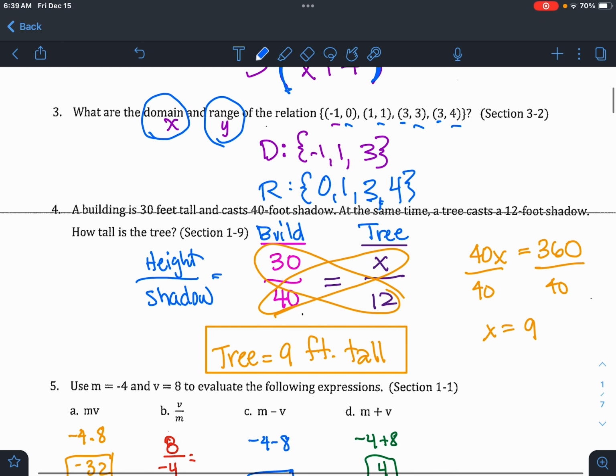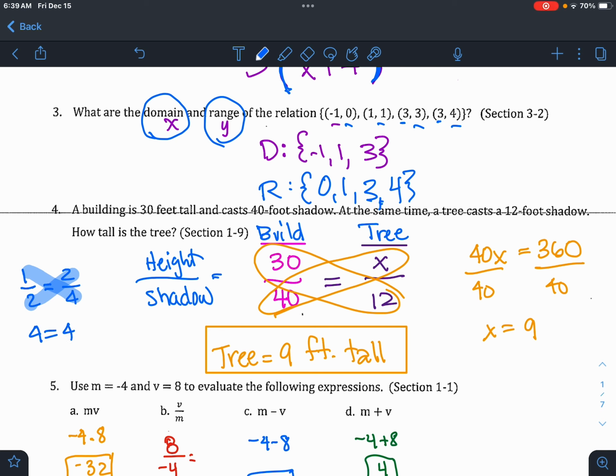On number 4, we're setting up a proportion. Just to remind you, the reason we can use a proportion is because if I have equivalent things, like 1/2 is equal to 2/4, and I use cross products, multiplying across the equal sign, I get 4 equals 4.